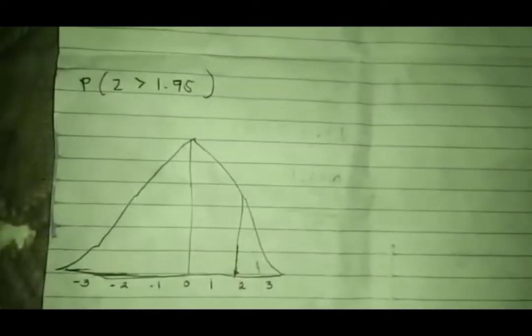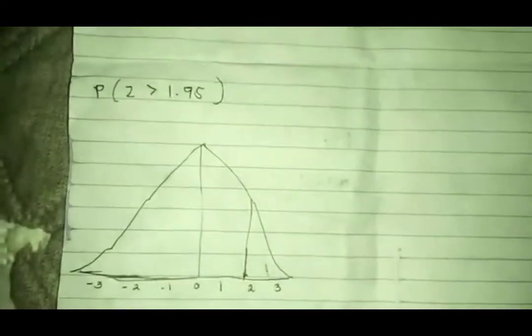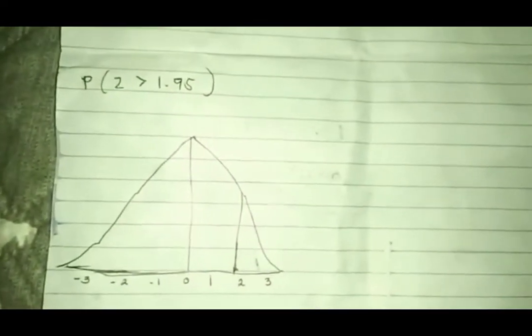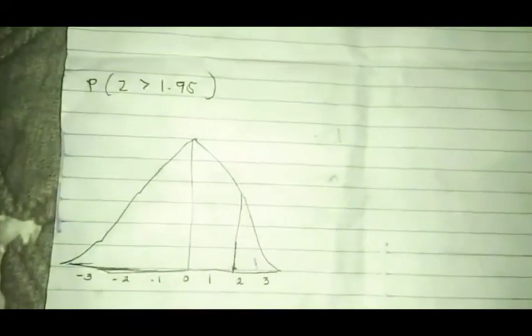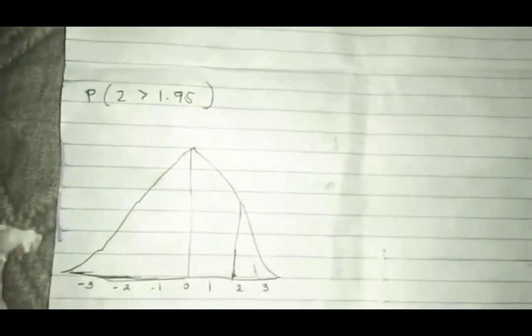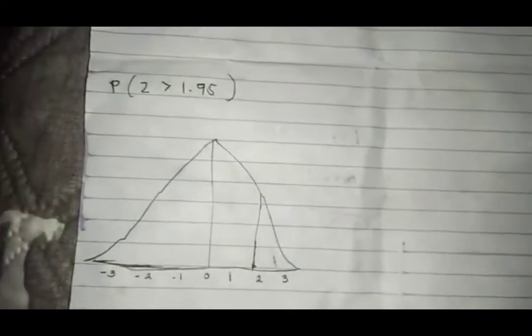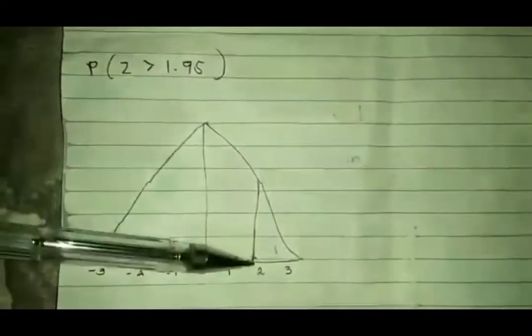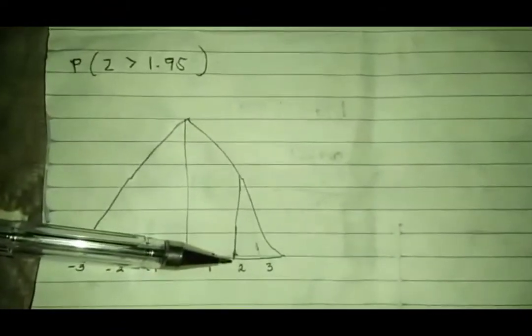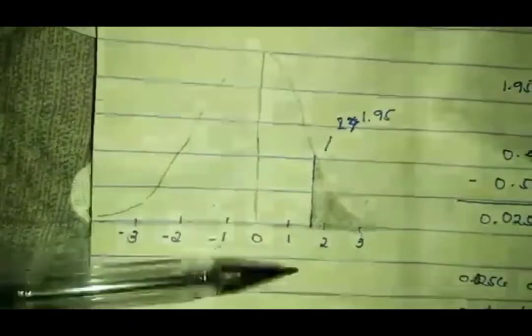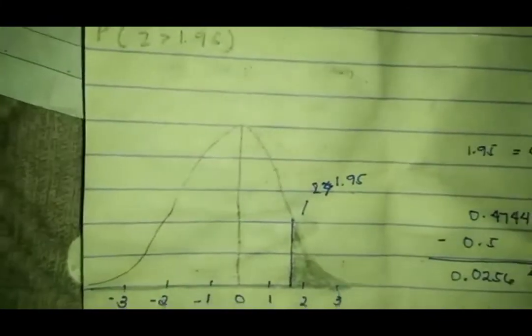Example, P, open parenthesis, standard normal score is greater than 1.95. Right now, we will draw the normal curve, and this line indicates the 1.95.